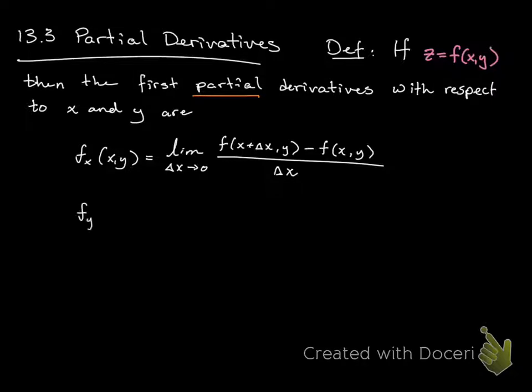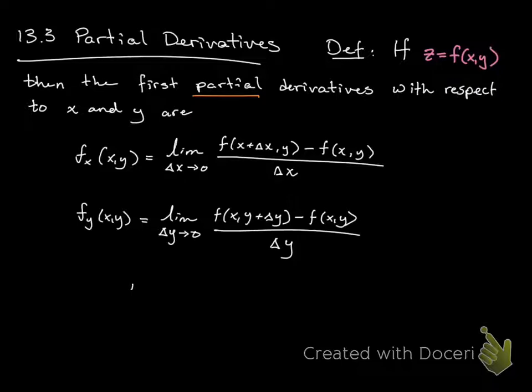I write the same thing for y here, but instead of changing the x direction, I'm changing the y direction. So the y coordinate of my function has a small change. I subtract what I get when I don't change, so I still have this difference quotient, and I divide by the change in y. So these derivatives here are partial derivatives.